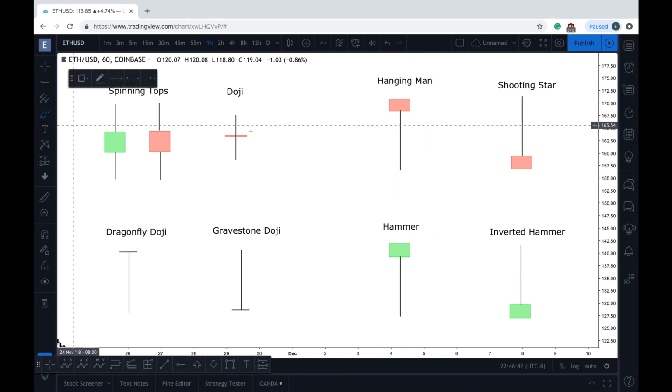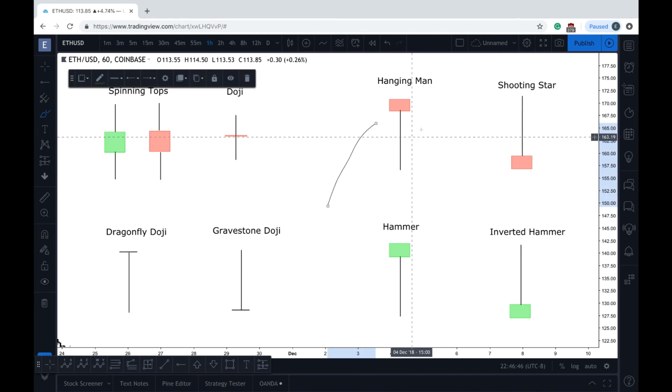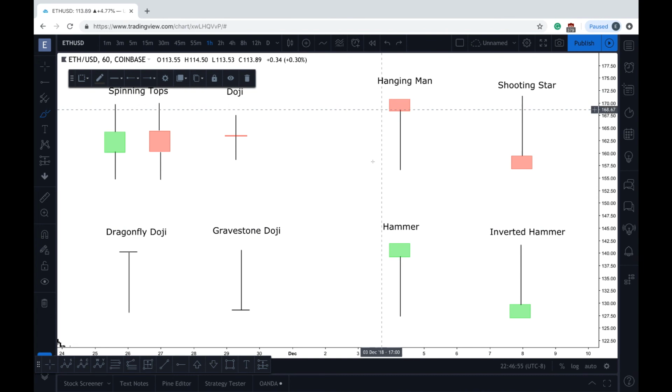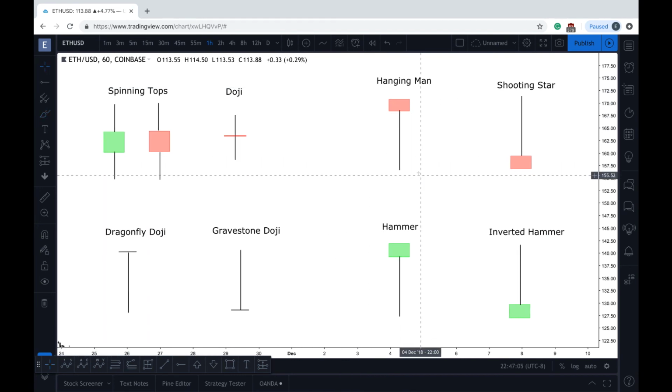These will come in an uptrend, and these close bearish, so that is what you want to look out for in Hanging Man. So they look very similar, but Hammer comes in a downtrend and the Hanging Man comes in an uptrend. Both of these, however, can signal a reversal.